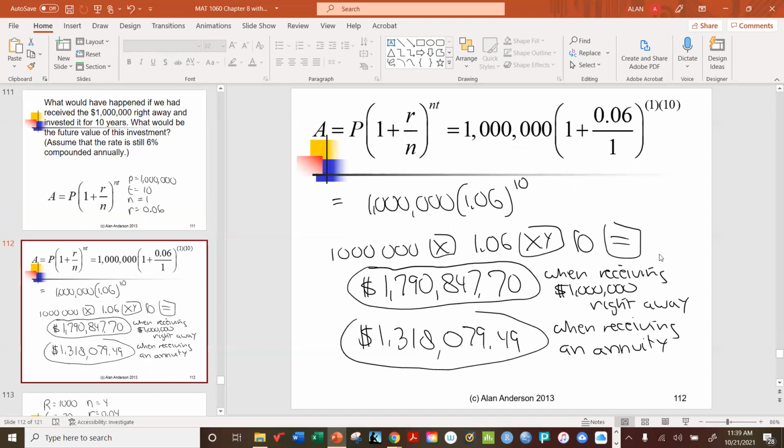Between getting your $1 million right away and having it spread out over 10 years, this added another $472,000, almost $500,000 extra money you could have by getting the money right away. But again, of course, this assumes that the money is being all invested. A lot of lottery winners wish they had done this because they ended up spending it all, but it does make a big difference.